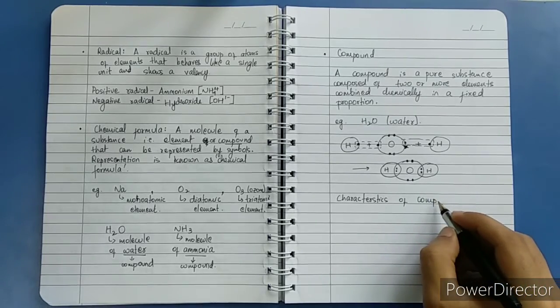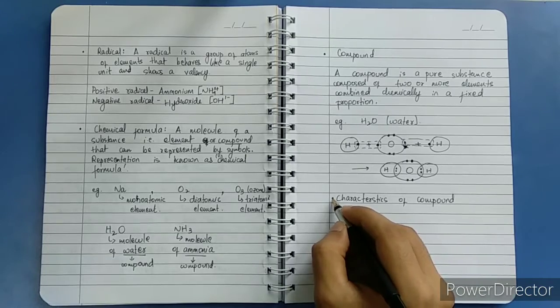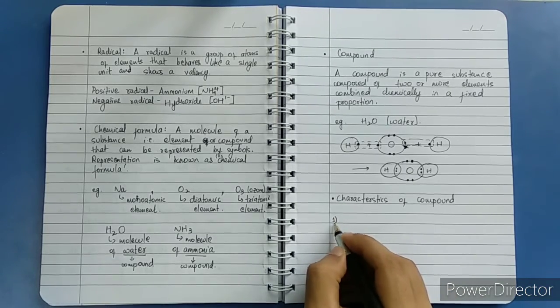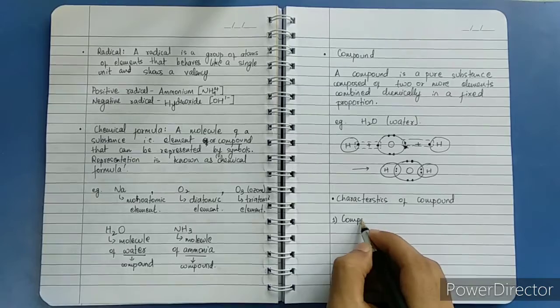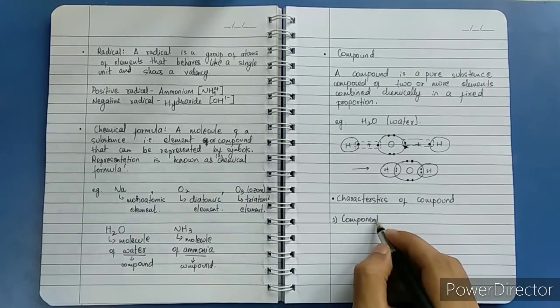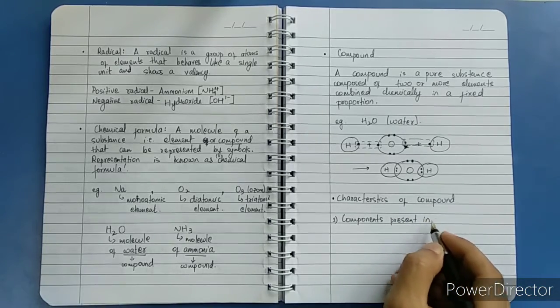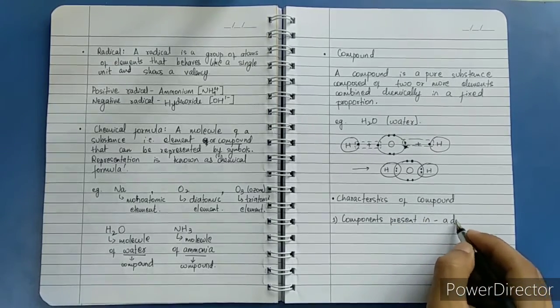What characteristics does a compound exhibit? Number 1: compounds have components present in a definite proportion.